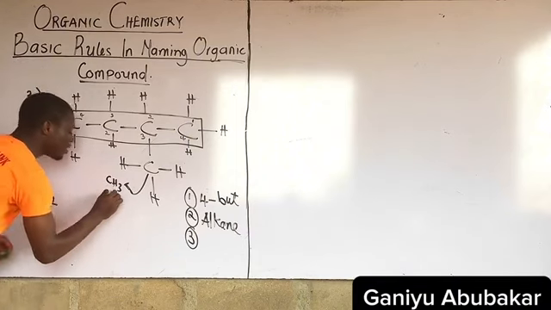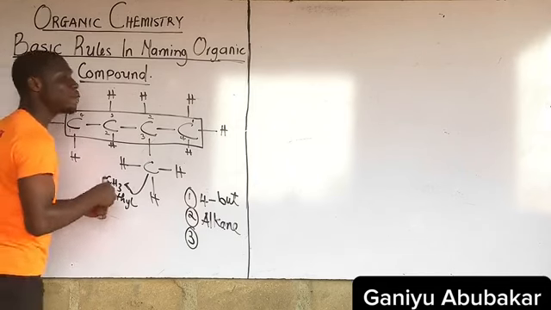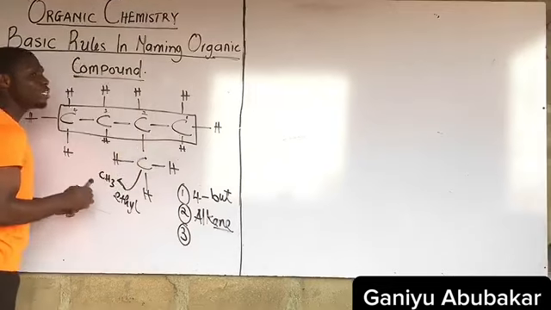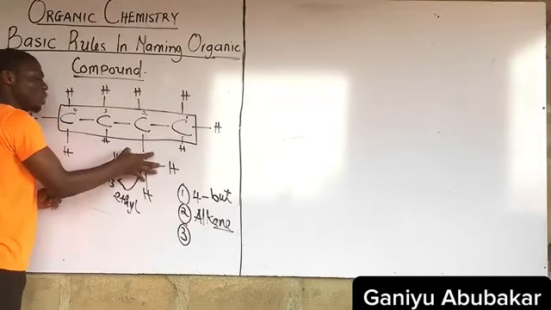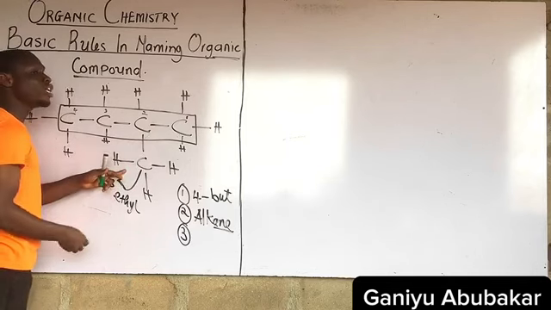We call it methyl. So to name an organic compound that has a substituent, name the substituent first by showing the position.